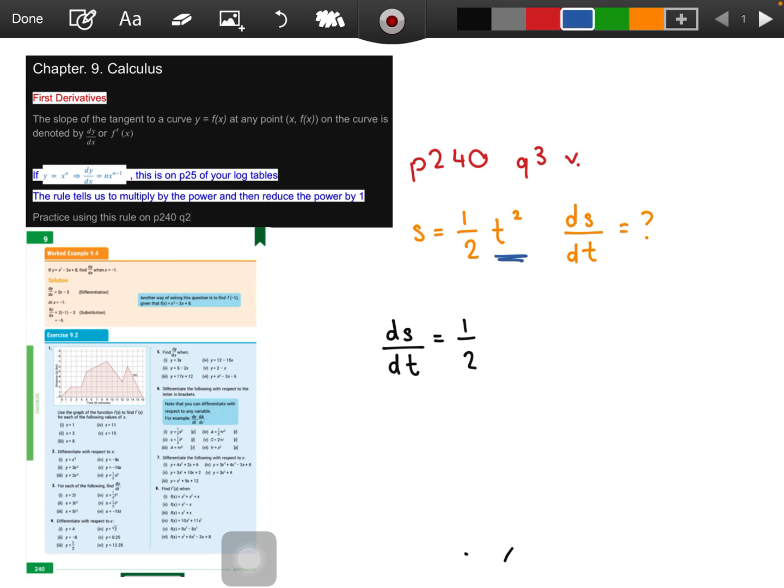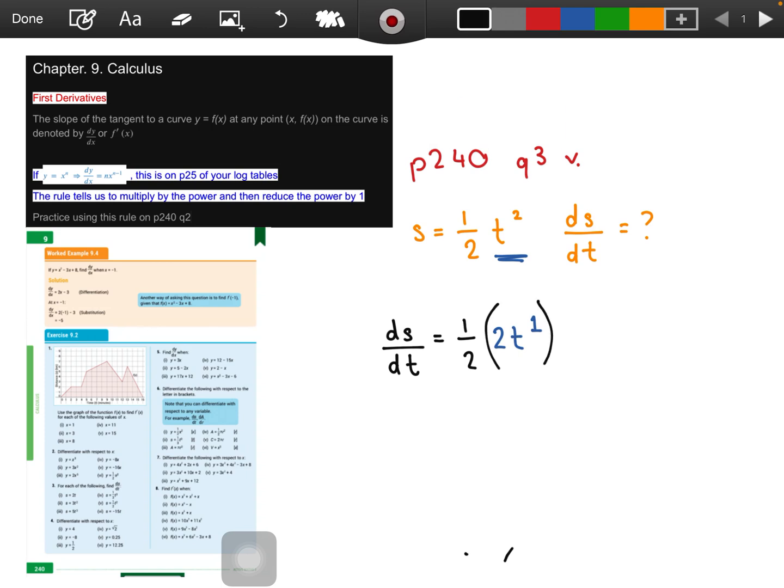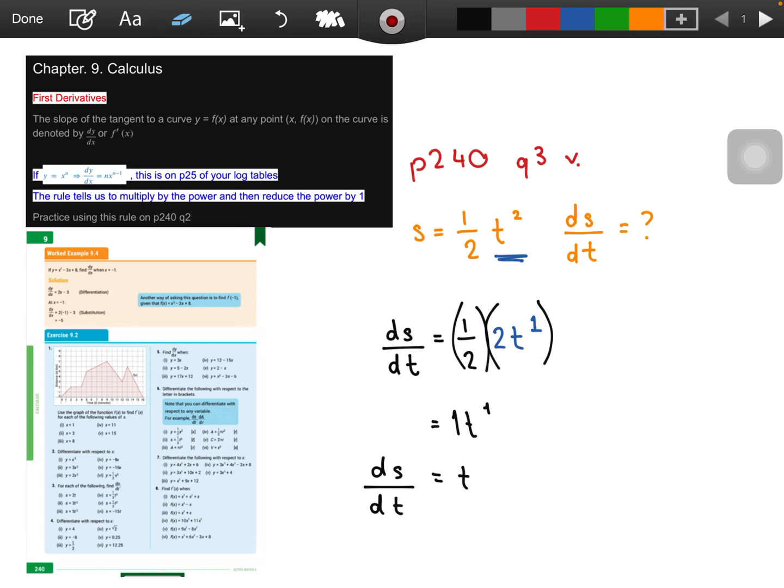That's going to be 2t, and then I can write in the power of 1 if I want. But I still have that half there, so I need to multiply by the half because the half was multiplying my t squared. So I'm going to end up getting 1 t to the power of 1, or just t. That is the function s differentiated in terms of t, ds dt.